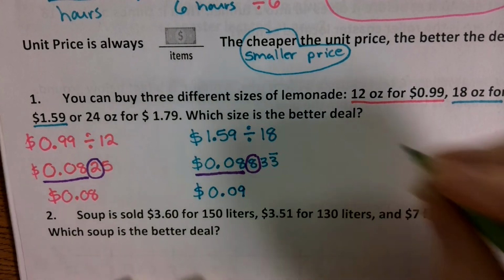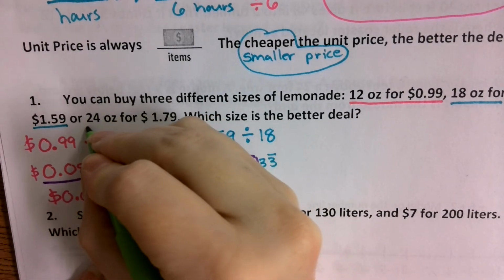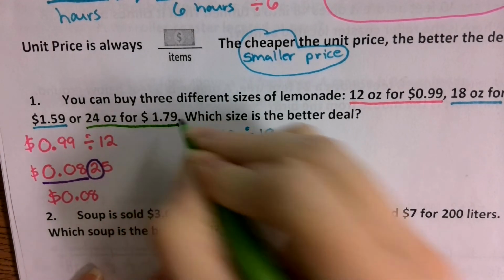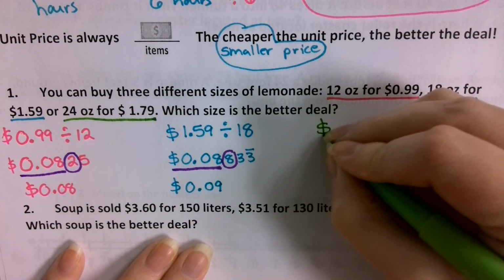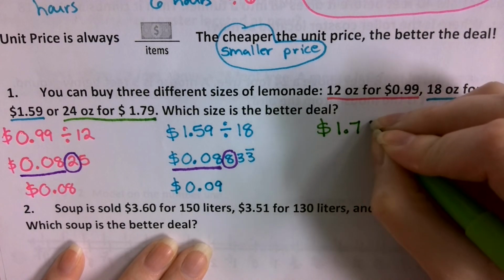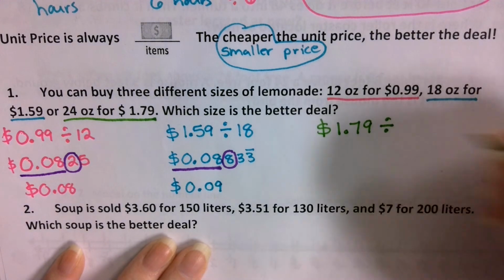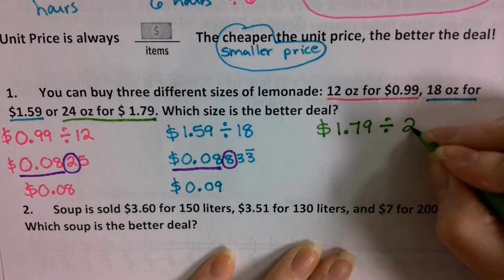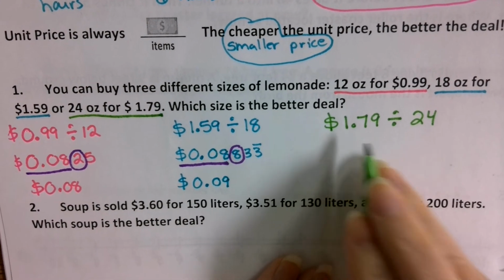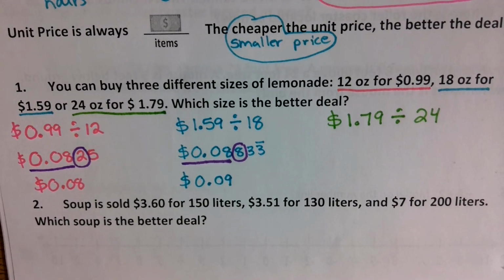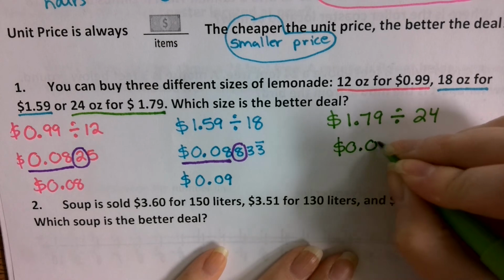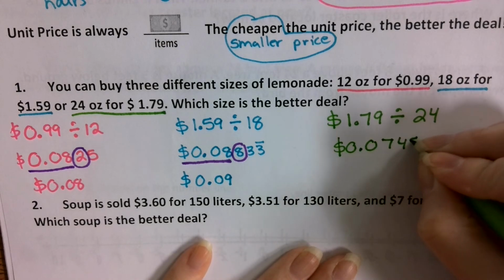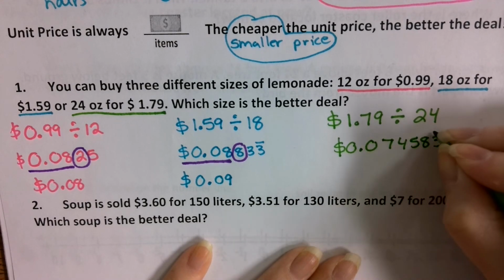All right, let's take a look at the next one. For 24 ounces, we can do $1.79. So I'm going to take $1.79, and I'm going to divide it by what? 24. We're going to take $1.79 and divide it by 24. When we do that, it comes out to 0.07458. The 3 keeps repeating.